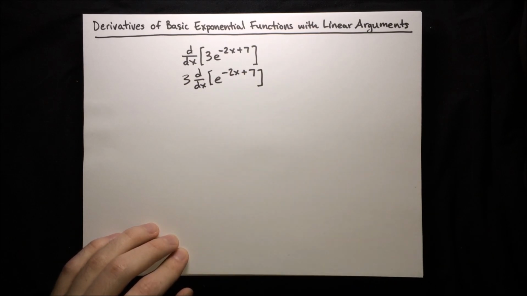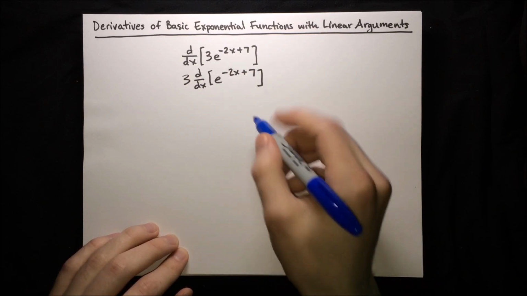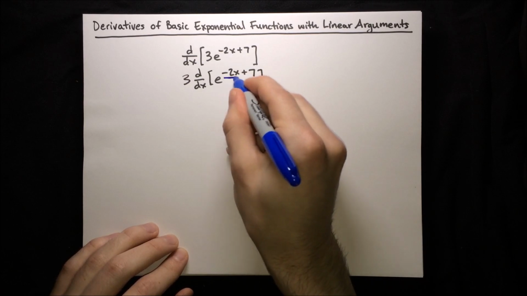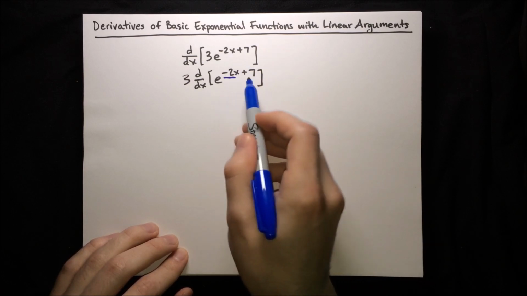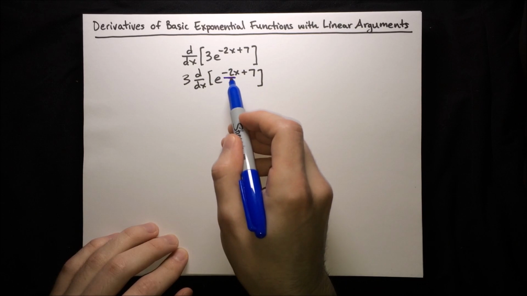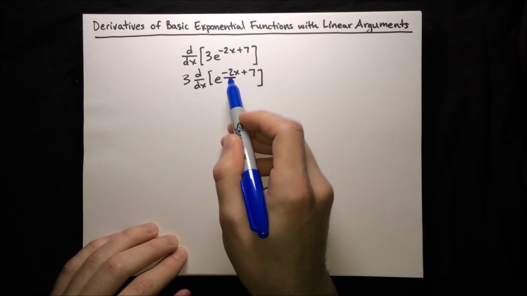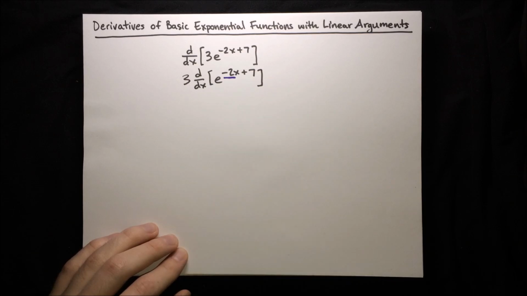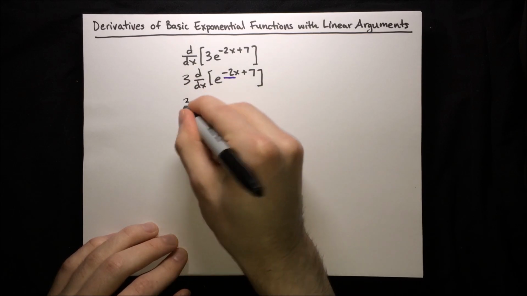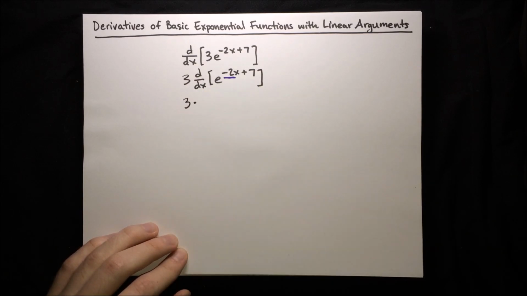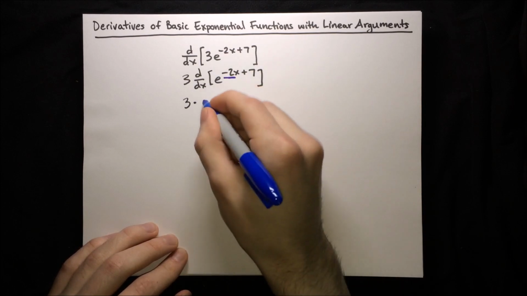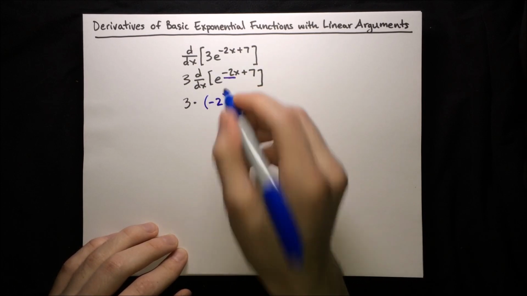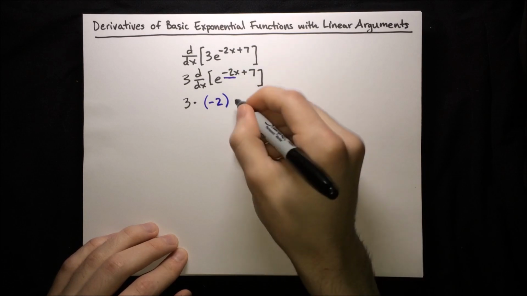Okay, now we can use our general rule to find the derivative of this single exponential term. And the general rule just tells us that the coefficient of the x for a linear exponent, and this is indeed a linear exponent, will come down and multiply the e. So we're going to have 3 times the negative 2 come down and multiply the e to the negative 2x plus 7.